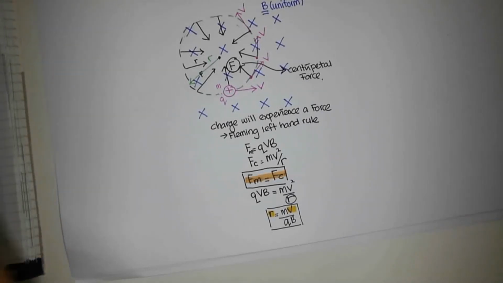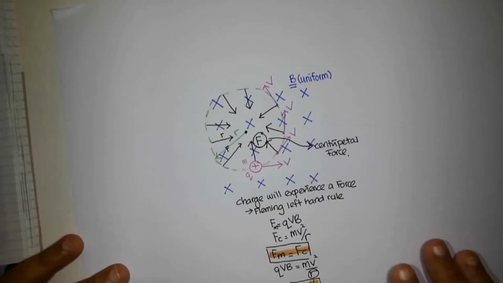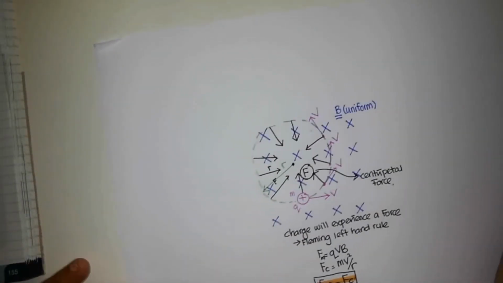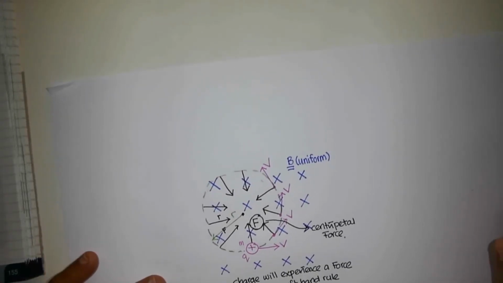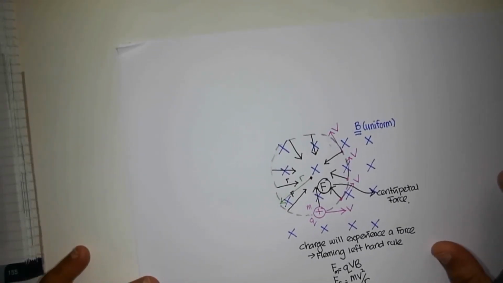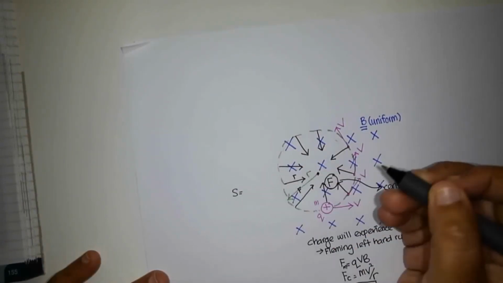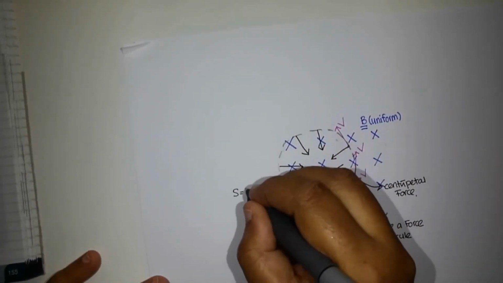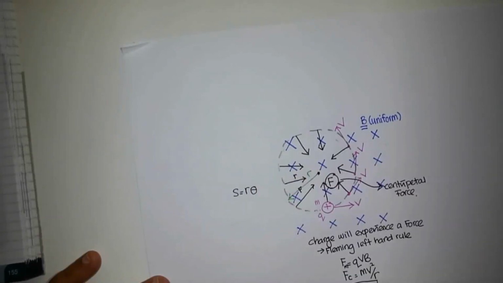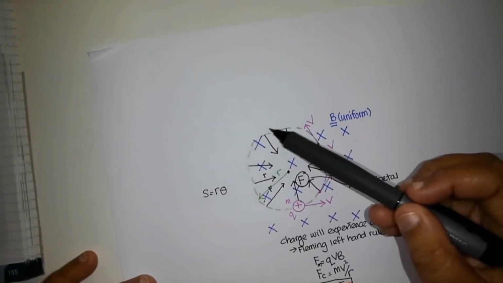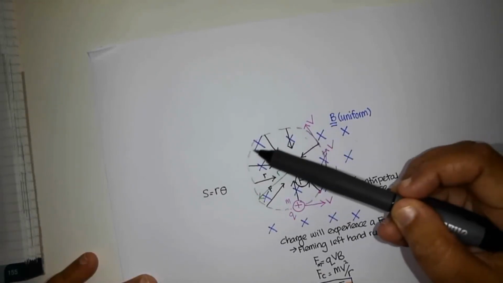Next, what else can we find? We can find the period of the circular motion. Let's look at the period of the circular motion in this example. First, we know s equals r theta. Theta is the angle, s is the circumference.